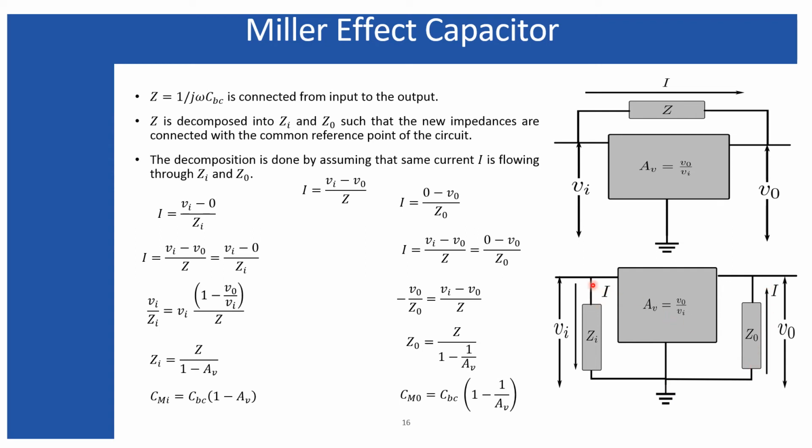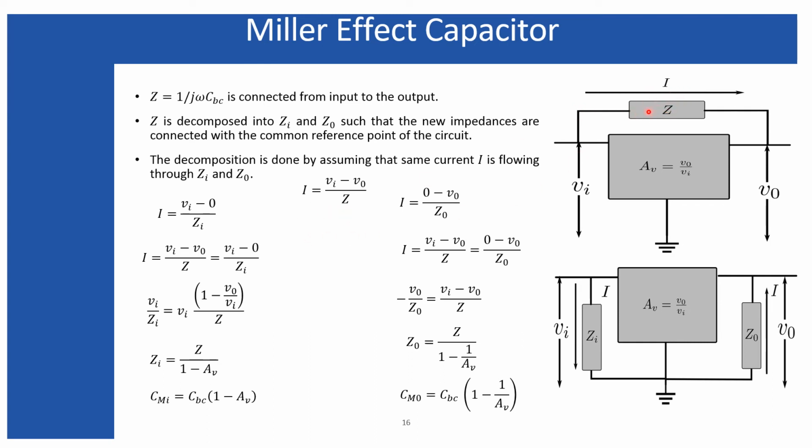By considering this current flow, I have maintained the current flow I through this Z, and basically this Zi and Z0 is comprising the same Z as long as I am considering this current I is flowing through both of these Zi to Z0. So the direction of the current I must be the same as the direction of the current I was flowing through this Z.